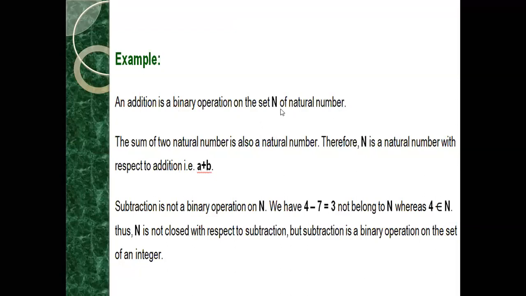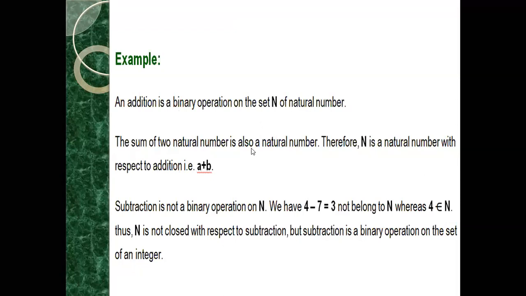So the given set is the natural number set and the defined binary operation is addition on the set N. We will check whether it is satisfied or not. The sum of two natural numbers is also a natural number. Is it correct? Yes. The natural number set starts with 1, 2, 3 and so on.